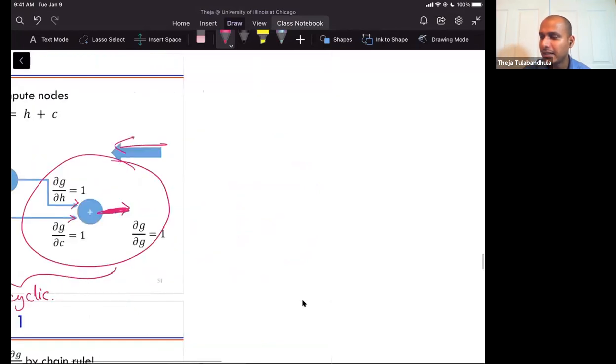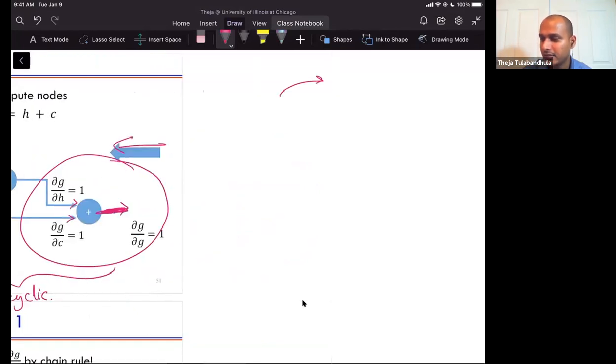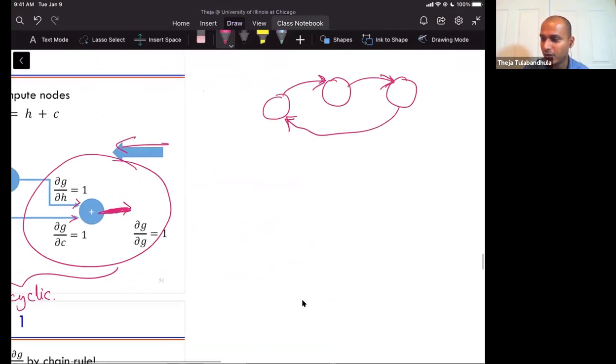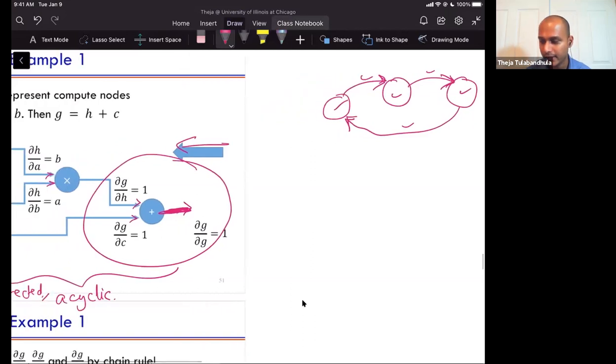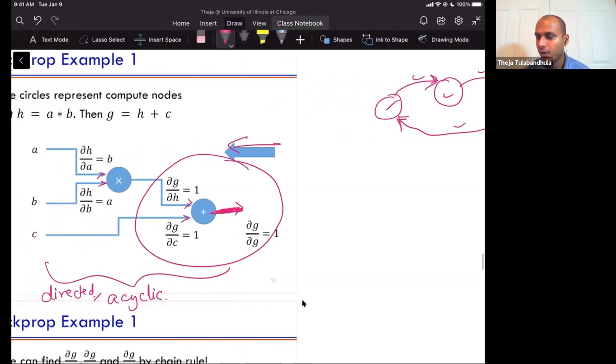An example of a cyclic graph would be an edge from some node to another node, then to some other node, and then I come back to the original node. That is a directed graph with 3 nodes and 3 edges, but it is cyclic, and we're not going to talk about cyclic graphs. Most functions are generally acyclic, and therefore I can pick a last node.